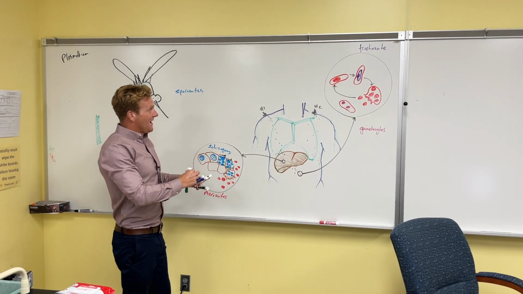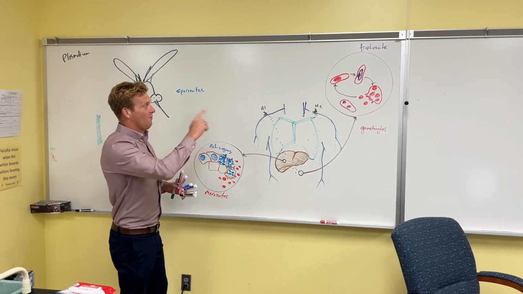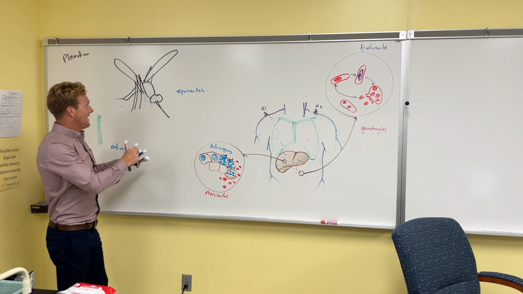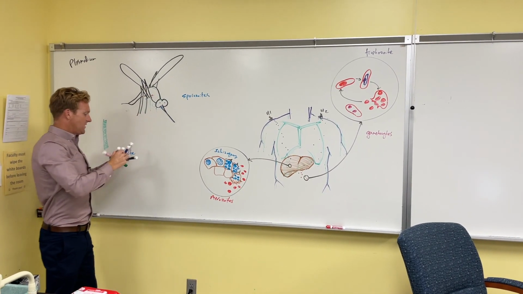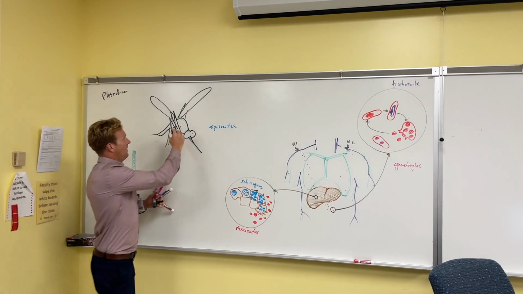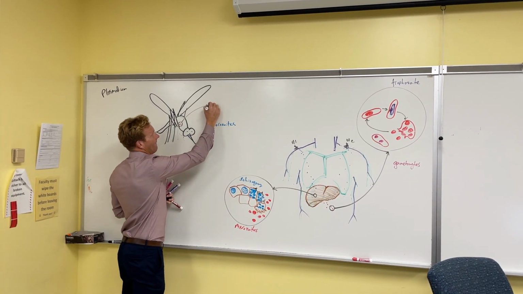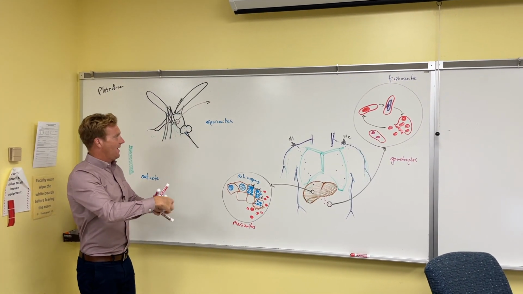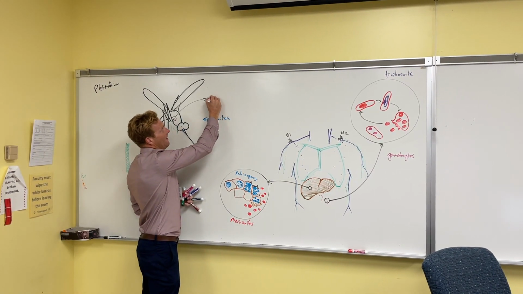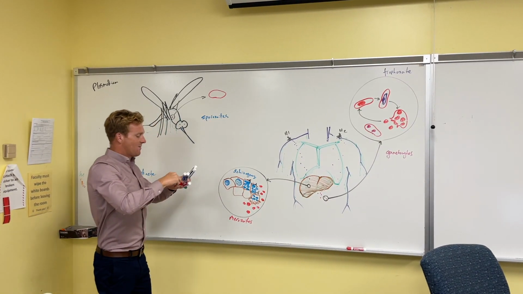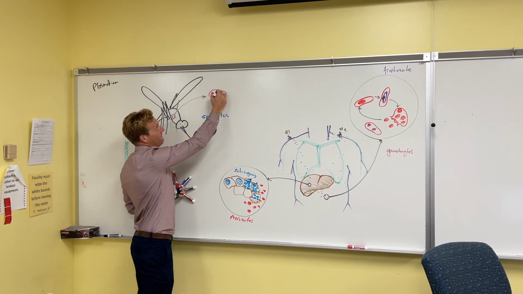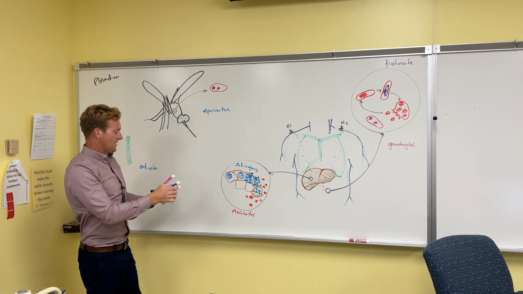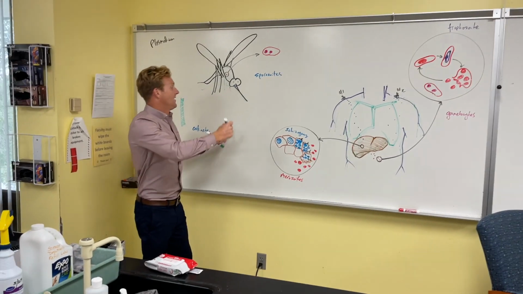After it ingests those red blood cells that contain gametocytes, they're going to be in its belly right here. If we zoom in on that, you'll notice the red blood cell that contains the gametocyte, once it's in the belly, those gametocytes undergo fertilization to produce a zygote.